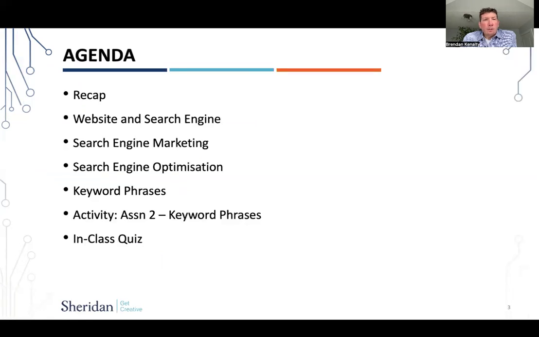So, just to do a little recap, and then we'll get into website search engine, and then we'll really talk about search engine marketing and SEO, which is a very fundamental part of digital marketing. It's how people find your products and your website. So it's very important to understand how these search engines work and how you can basically impact your results through doing some stuff around your content and your site, which we'll get into.